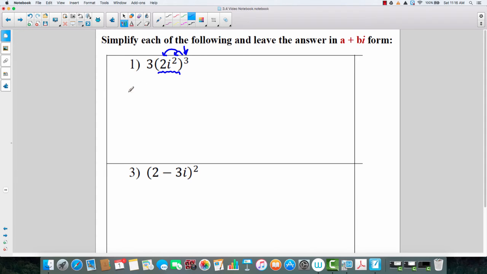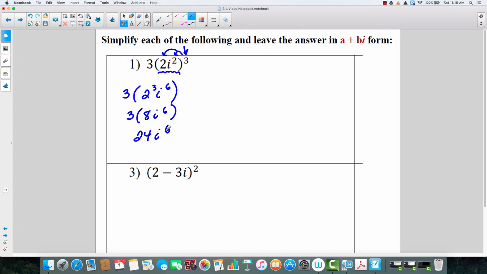So this is like saying 3 times 2 to the 3rd power, and then i squared to the 3rd power, which is 3 times 2, 6. Nice. Let's simplify. 3 times 8 i to the 6th. Let's distribute. 24 i to the 6th.